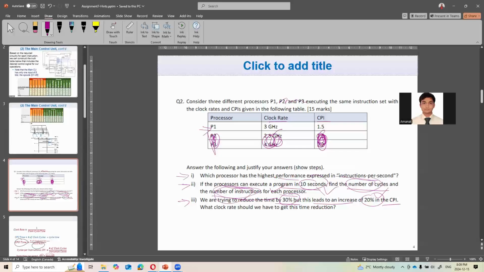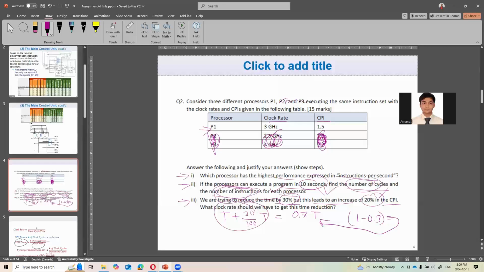You can do it two ways: the current time minus 30% of the current time, and this will be equal to 0.7 t. You can do it quickly by doing 1 minus 0.3 to find this, or you can do it the conventional way. Both are good.